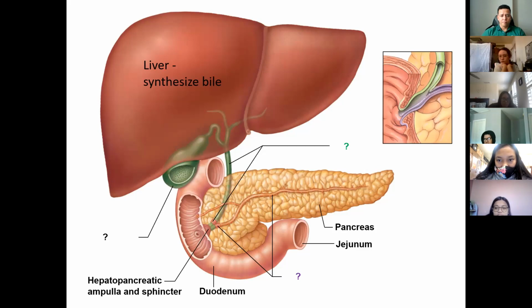The liver produces the bile, but a lot of this bile is stored right here in this little pouch called the gallbladder. The gallbladder doesn't make bile. The gallbladder only stores the bile produced by the liver.